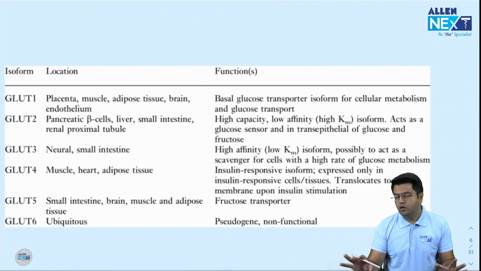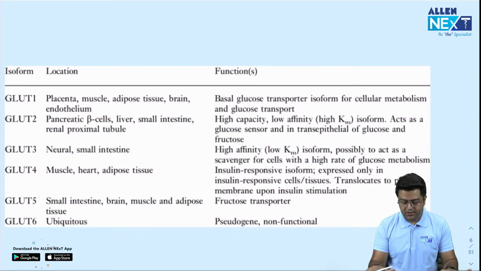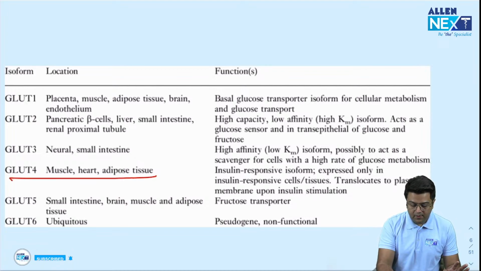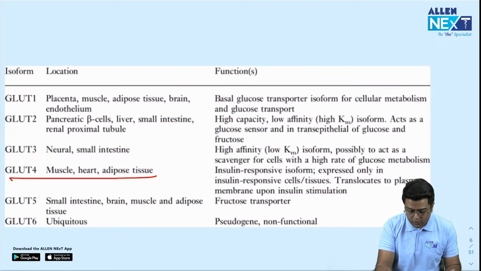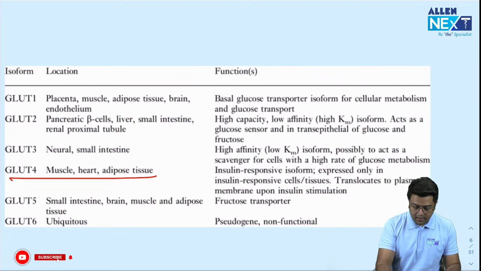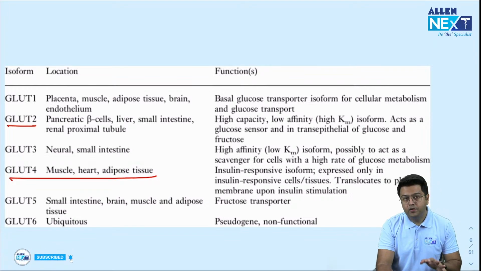Now the various GLUTs we should always remember, just a table here that we can remember. So guys, GLUT4 I have already discussed. GLUT1 is present in the placenta, muscles, adipose tissue, also a little bit in brain and endothelium, and also the RBC. Clear? And GLUT2 is also very important because it is found in the beta cells of pancreas and liver.